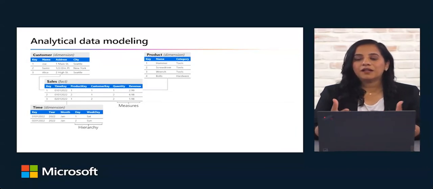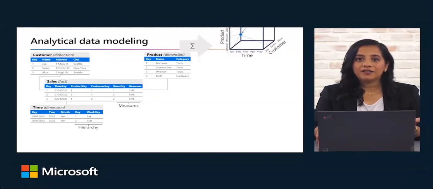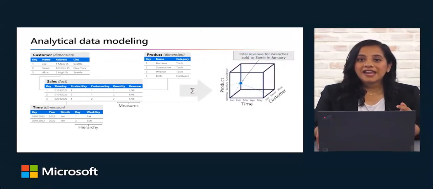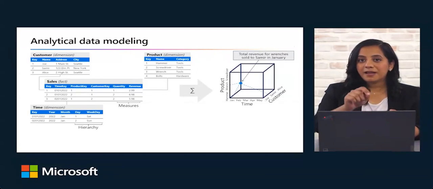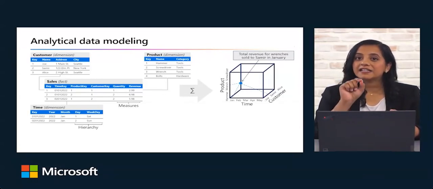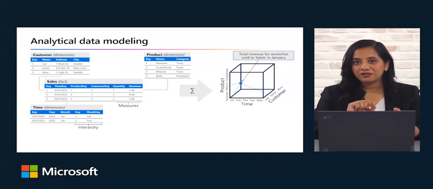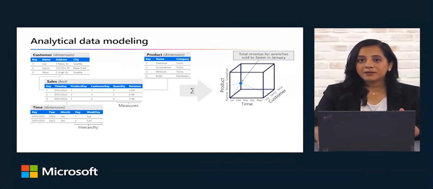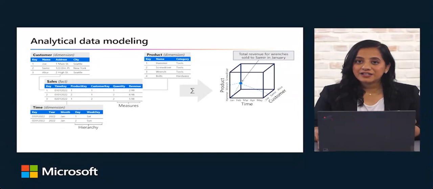Conceptually, the model forms a multi-dimensional structure, which is commonly referred to as a cube, in which any point where the dimensions intersect represents an aggregated measure for those dimensions, while dimension tables represent the entities by which you want to aggregate numeric measures, for example, product or customer.